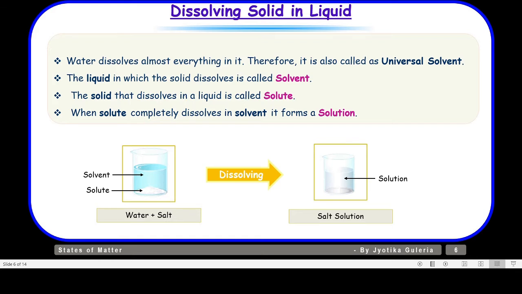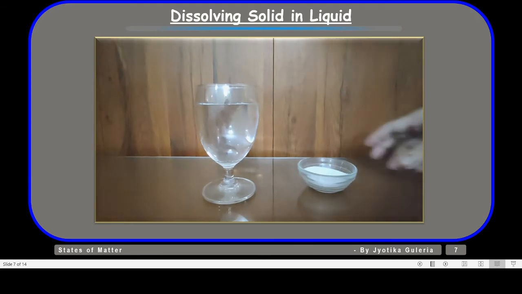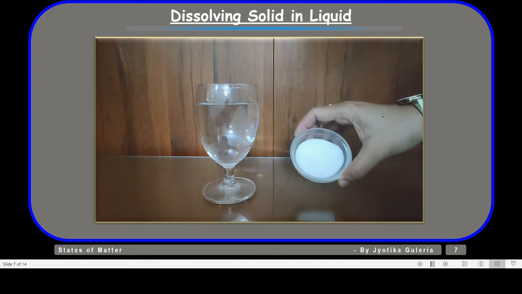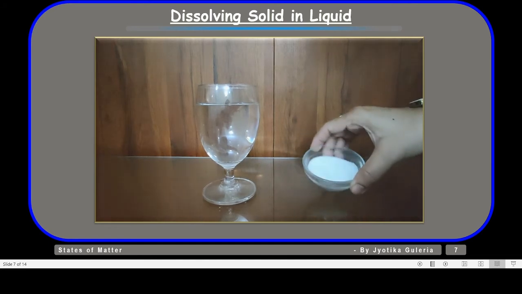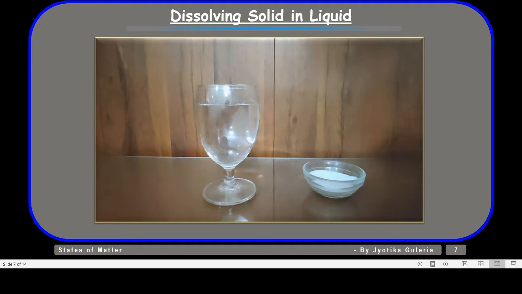So children, now let us take up a demonstration on the dissolving property of solids in liquids. Here we'll take the example of salt, and we know salt is a solid, and a solid is also known as solute. We have water in this glass, and water is a liquid which can be called the solvent.